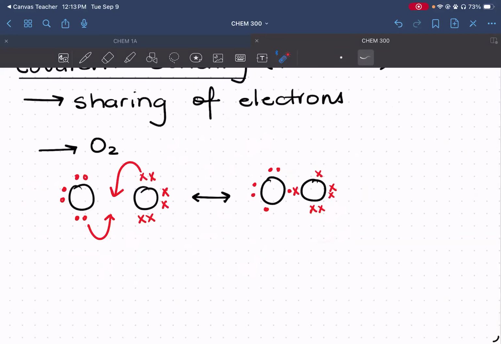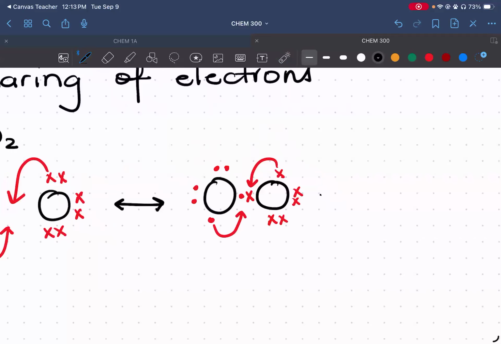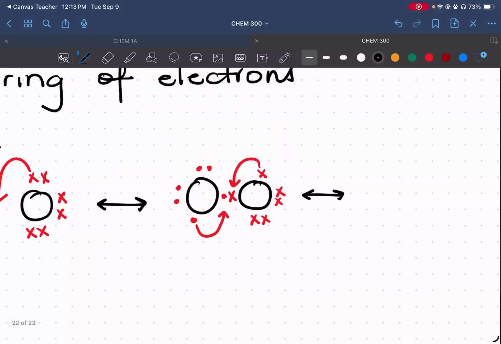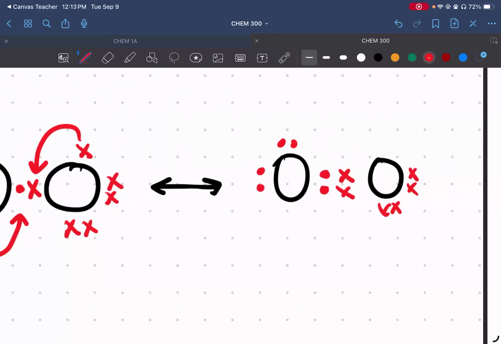We're not there yet, though. The octet rule says that we need 8. So guess what's going to happen? Another sharing. So now those electrons come together. And what we have in the middle is a total of 4 electrons being shared between the two atoms.